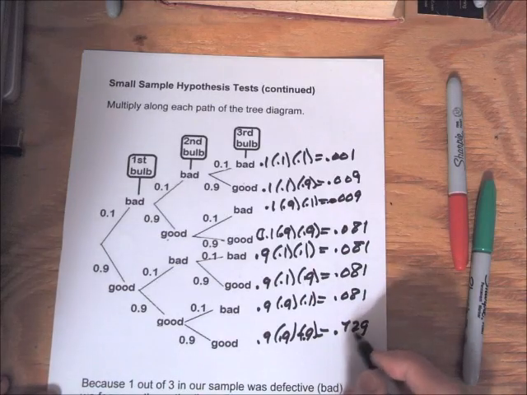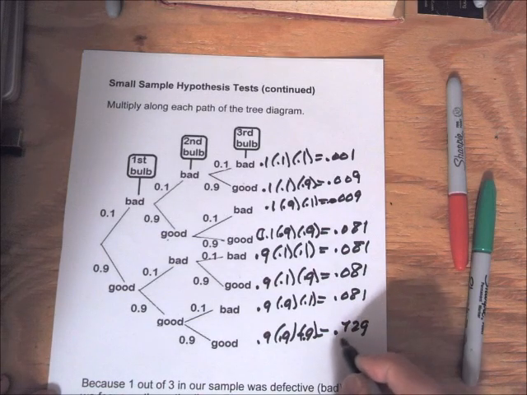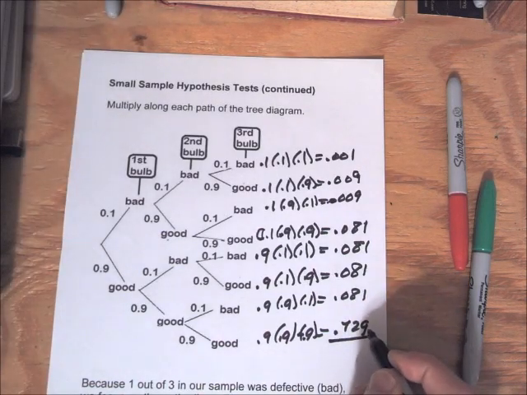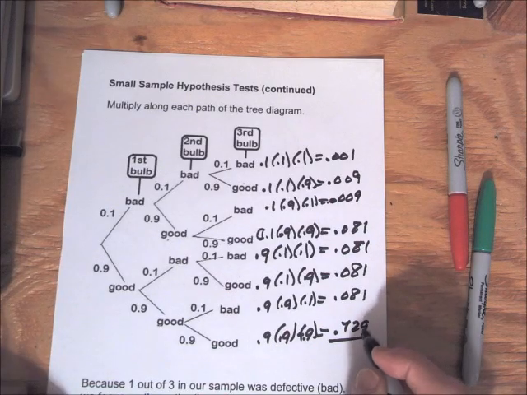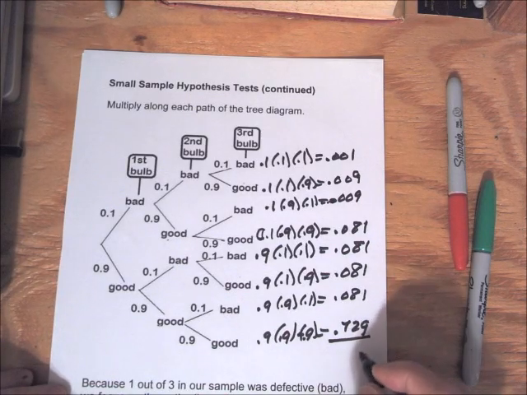Then the total will give us our p-value, and that's 0.972.